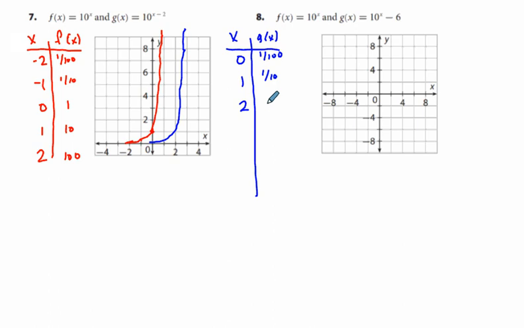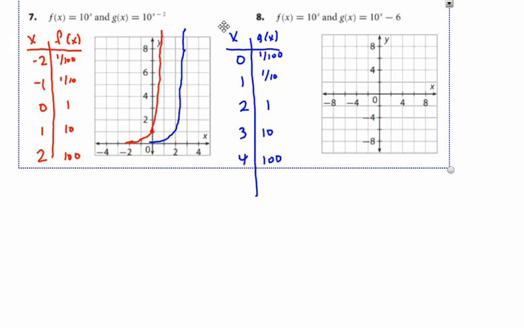So for 2, we're going to have 1, for 3, we have 10, and for 4, we're going to have 100. So what is that going to look like? Well, just the way we draw it right here. 2, 1, 3, 10. It's hard to see, but for technicality, we need to shade more of the line. So that is going to be it.